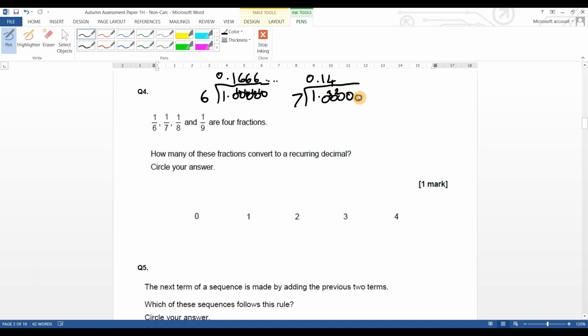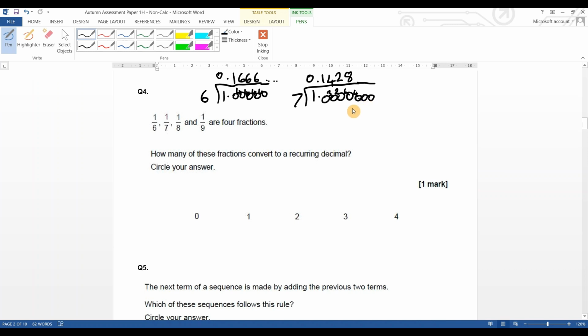Might need a few zeros for this. 7 into 20 goes twice, remainder 6. 7 into 60 goes 8 times. Remainder 4. Are we repeating ourselves yet?